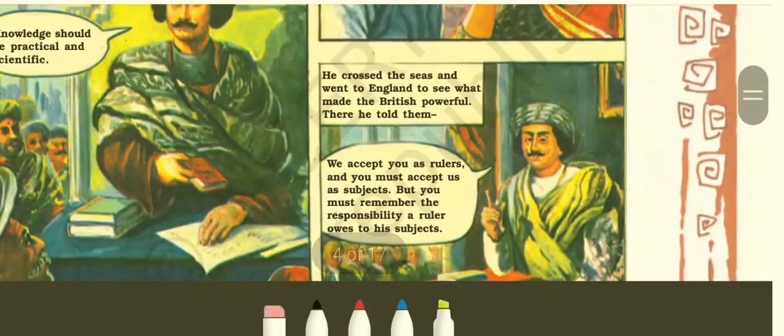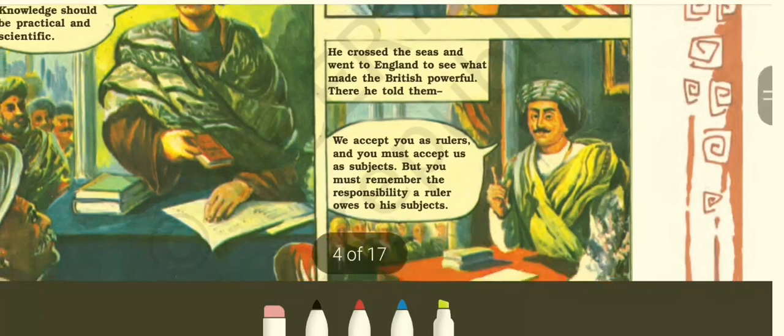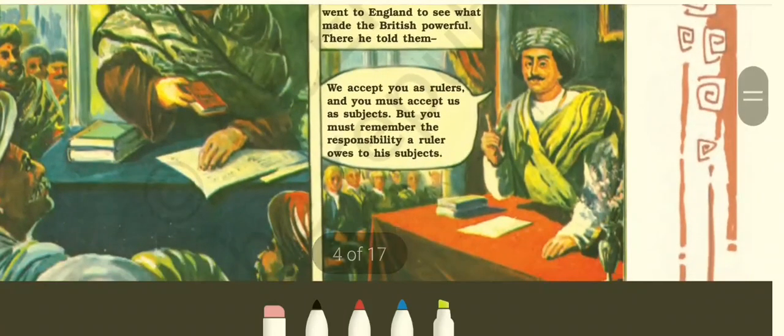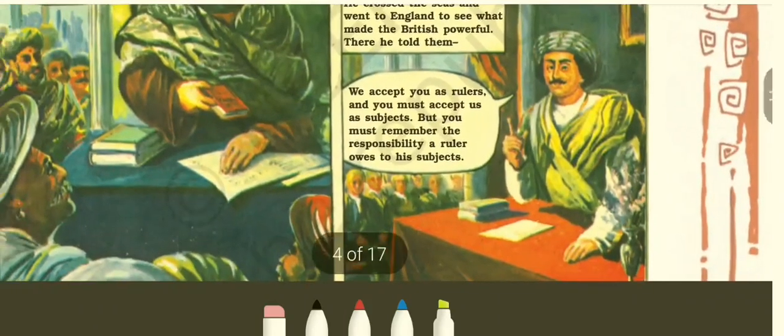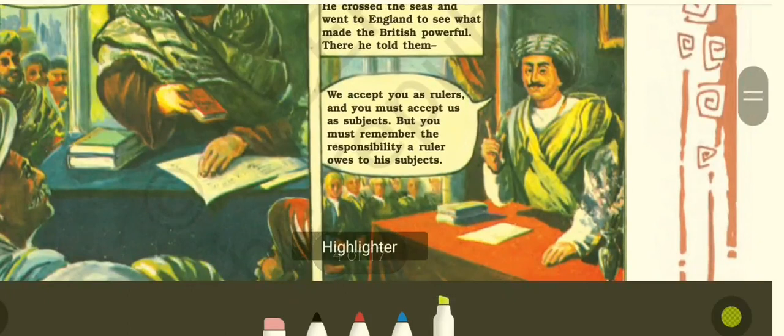So now what happened? He crossed the seas and went to England to see what made the British powerful. Then what did he tell them? He said, we accept you as rulers. Clear? He was great in admitting this. He said, we accept you as rulers, but you must accept us as subjects.